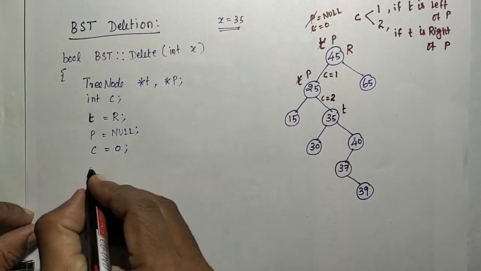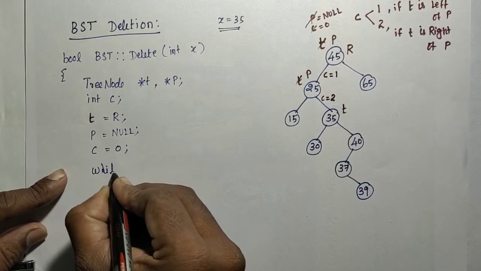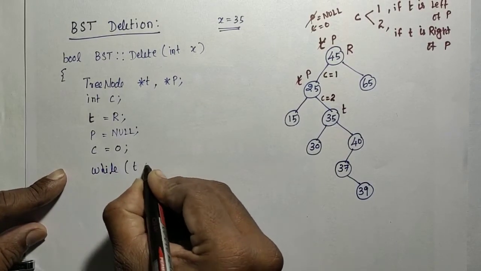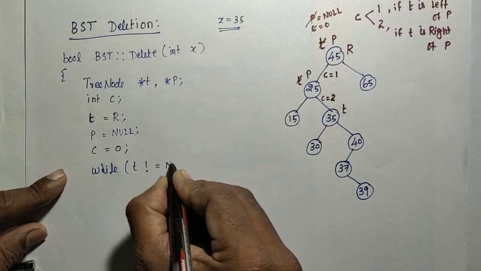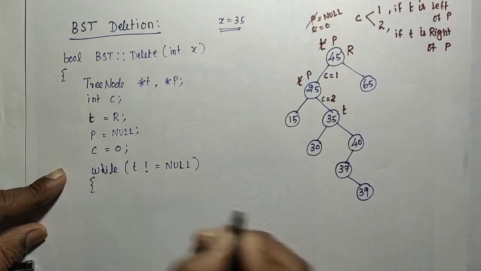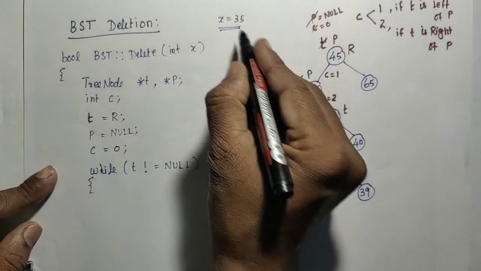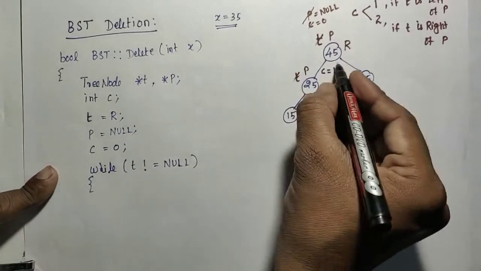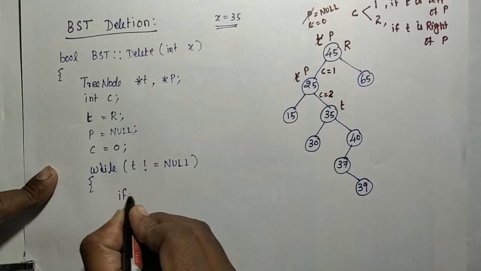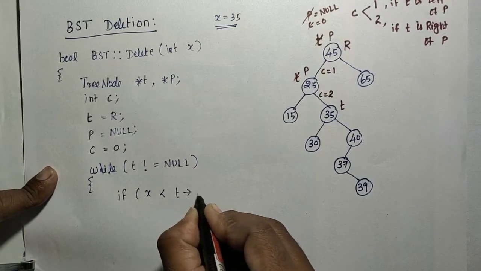Okay. So again the searching, I need to start a while loop. While t is not equal to null, I have to keep on moving the t to the left side or right side. The first case is, if x is less than t of data.